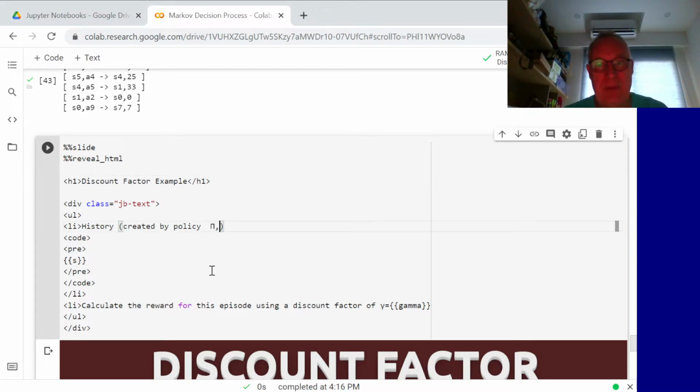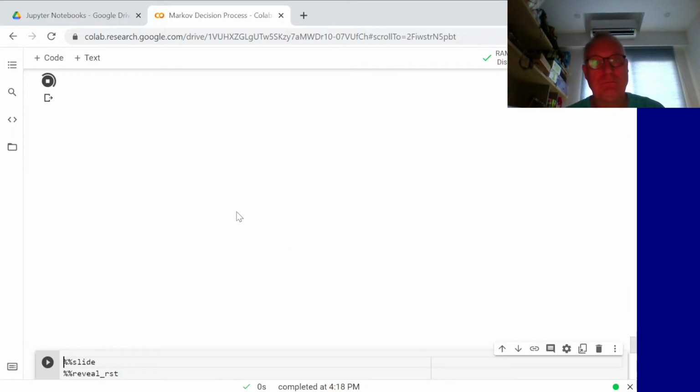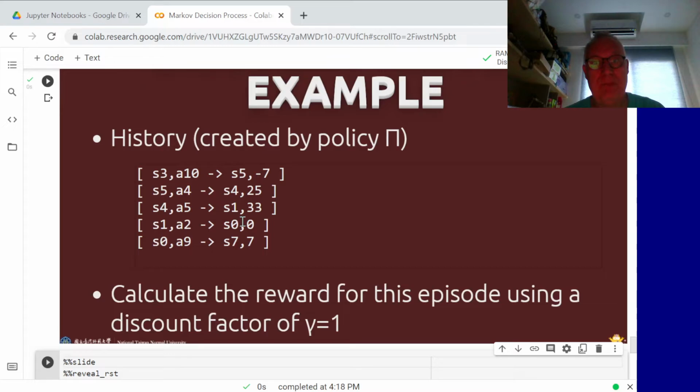So I have a policy pi, and now I want to evaluate it, basically. I want to see how good it is. So I run one test. The agent runs for 5 steps, starts in state S3, executes action 10, ends up in state 5, and has to pay $7.